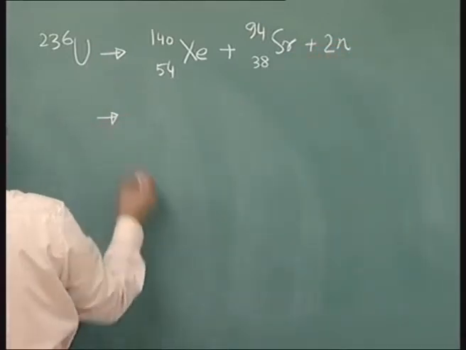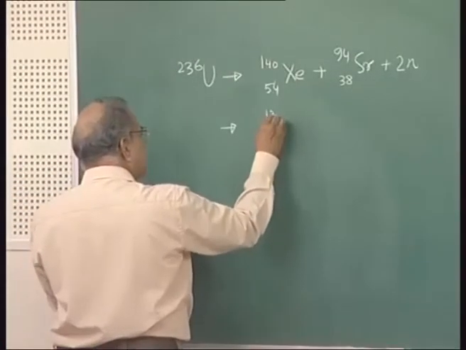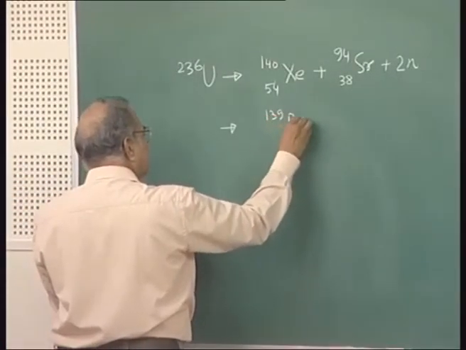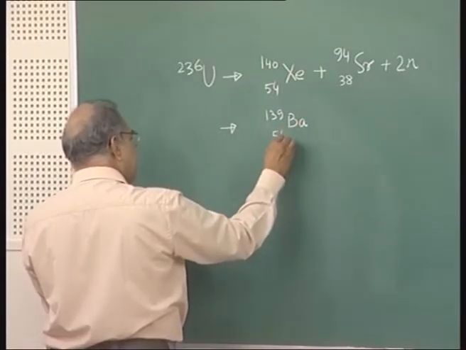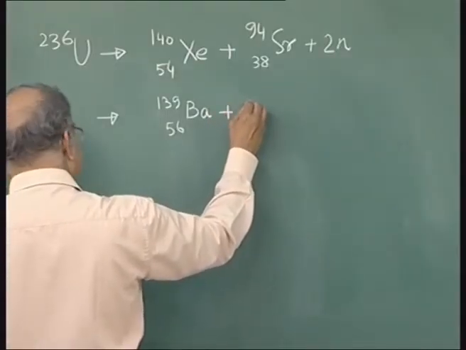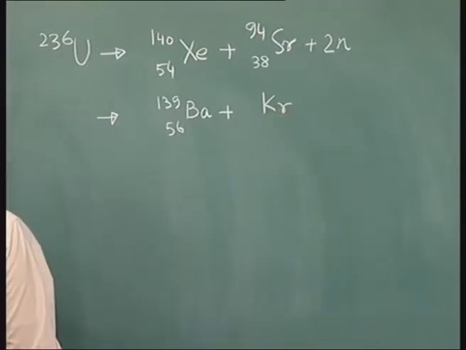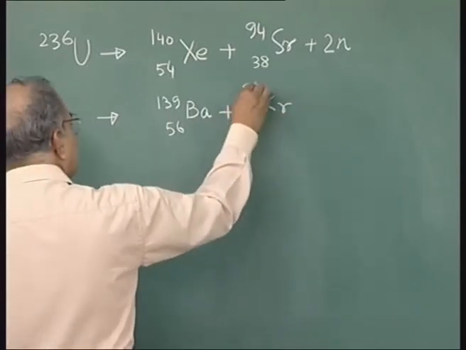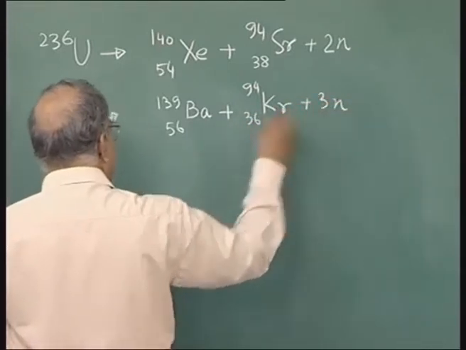It can also go through the other reaction where we have 139 barium, Z 56, plus krypton, which is 94 and 36, and then 3 neutrons possible.